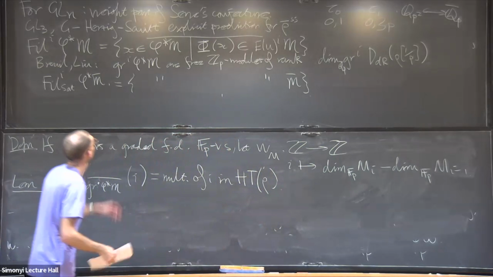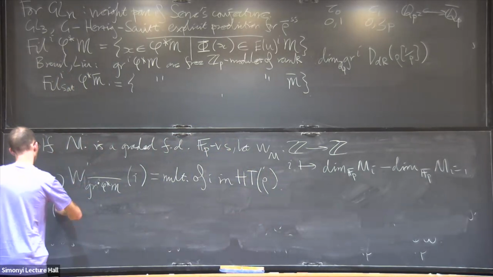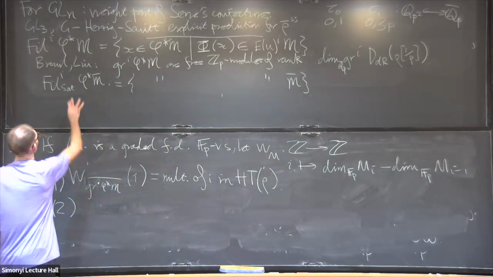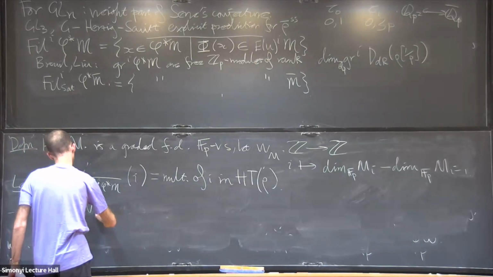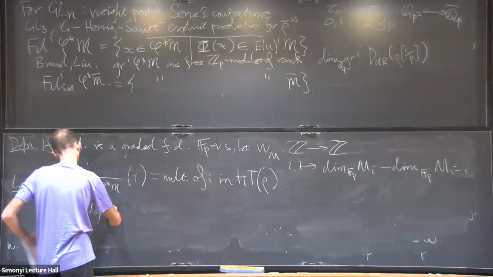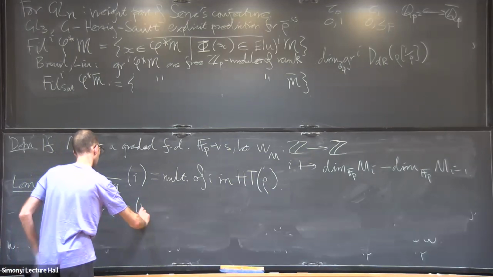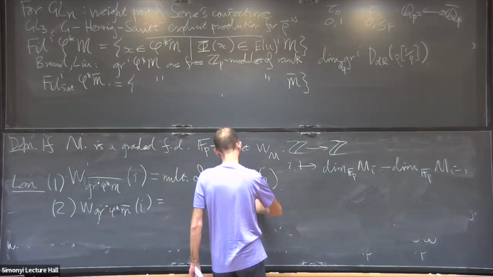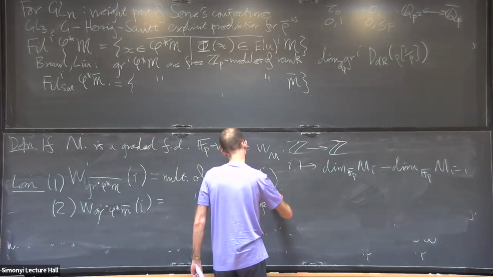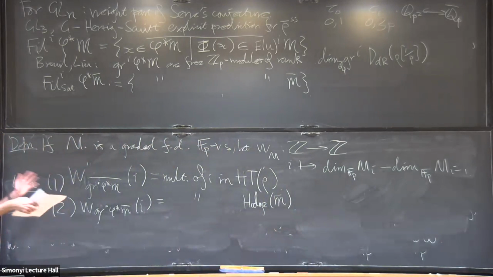That just follows from this result of Breuil. And if on the other hand I apply it to the graded piece of this saturated version, then again I get the multiplicity of i in something, and this time it's in Hodge. Again, that just follows by putting this thing in Smith normal form or whatever and reading off the integers.